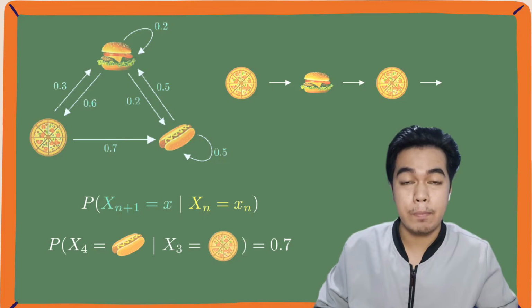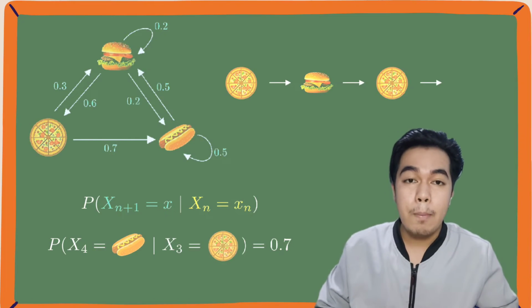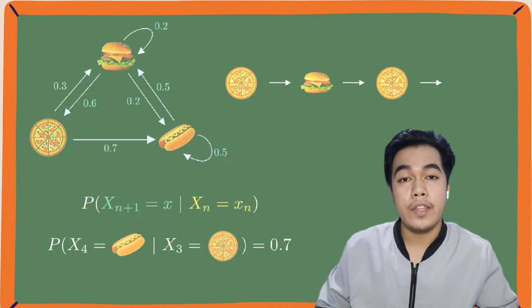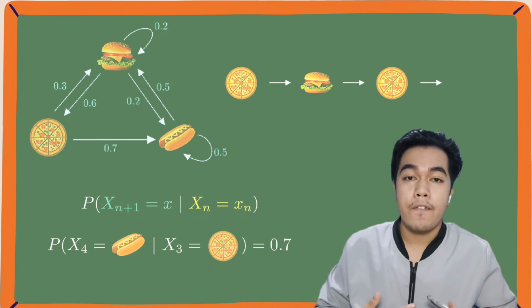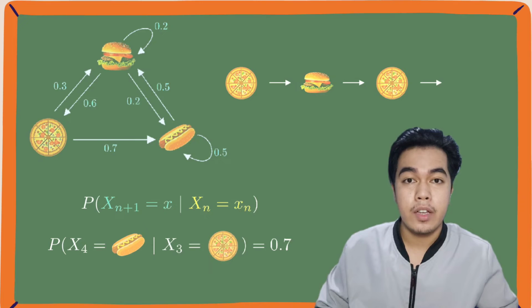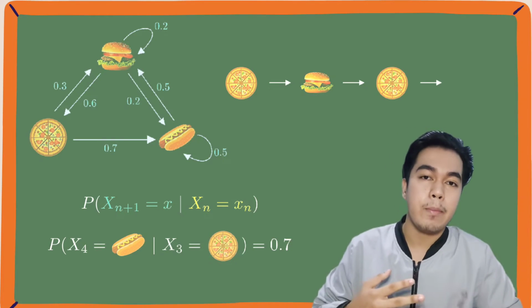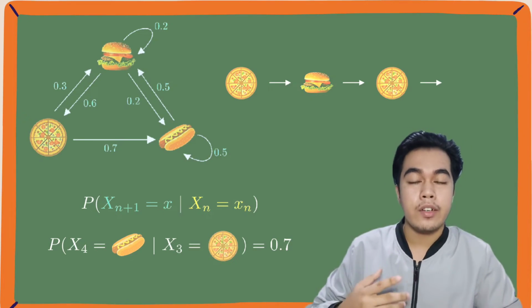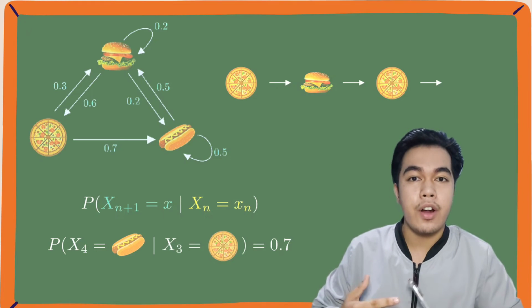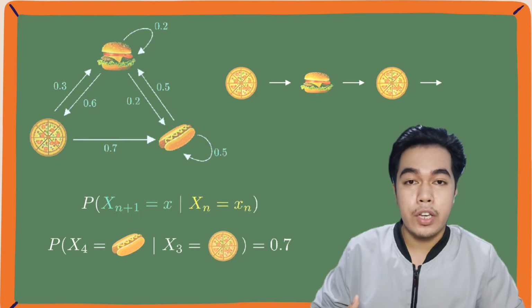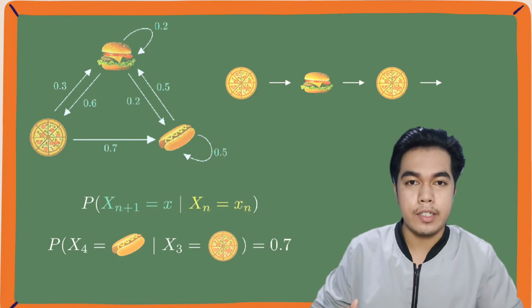The second important property is that the sum of the weights of the outgoing arrows from any state is equal to 1. This has to be true because they represent probabilities, and for probabilities to make sense, they must add up to 1. Here I should probably tell you that there are certain Markov chains with special properties.